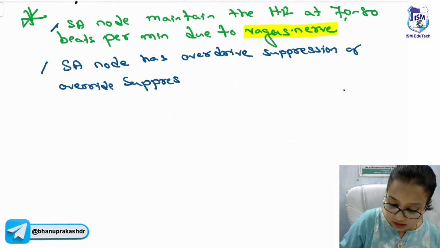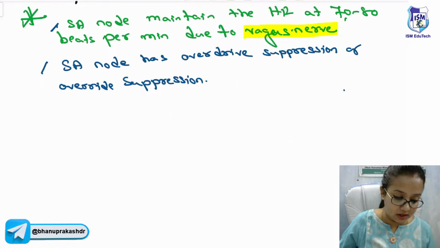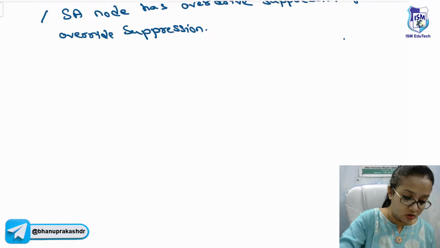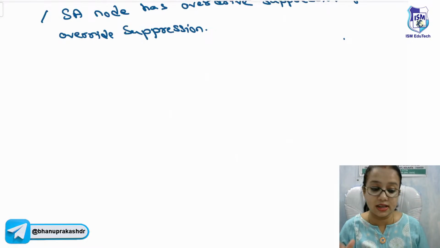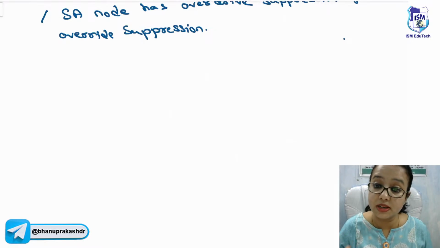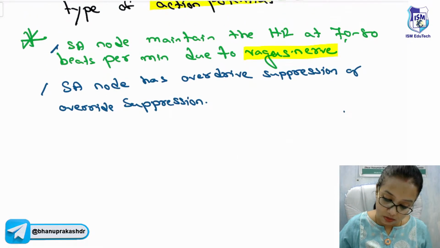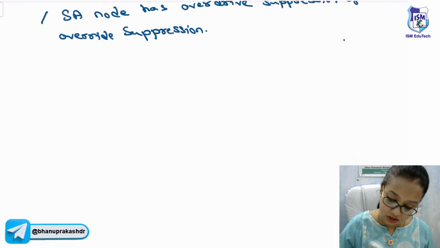You find the mention in different ways in different literature. Because of this overdrive suppression, the SA node is the pacemaker, meaning it suppresses the discharge from the AV node or bundle of His as long as the SA node is intact. Okay, these are the points that we have to remember in context to the SA node.